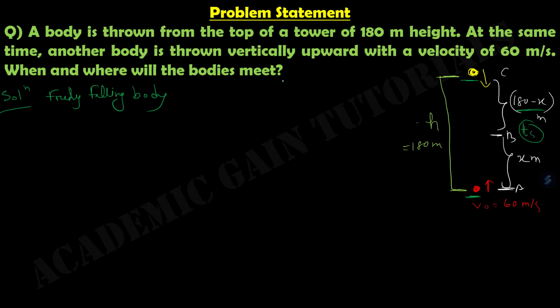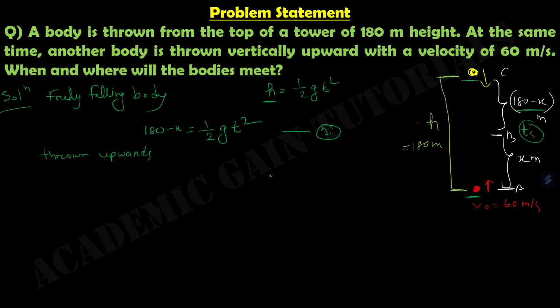We know the equation for freely falling bodies is h equals half of g t square. Replacing h with 180 minus x, we can write 180 minus x equals half of g t square. This is our equation 1.